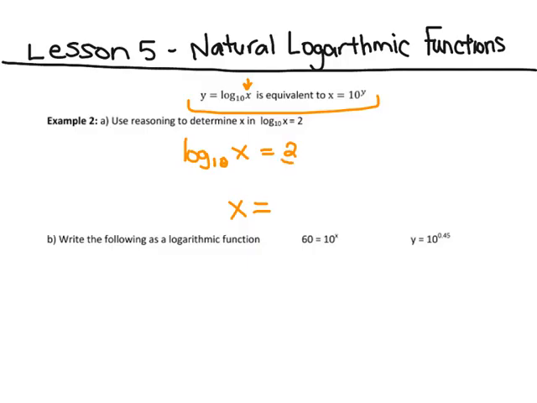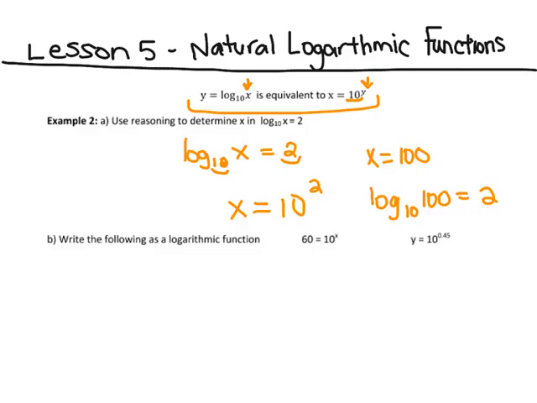Our y is 2, and our base is 10. So our base stays as 10, and our y turns to our exponent, so we have x is equal to 10 squared, which means x is equal to 100. So if we were to rewrite this as a logarithm, we would say log base 10 of 100 equals 2. So that was how you would solve for that.